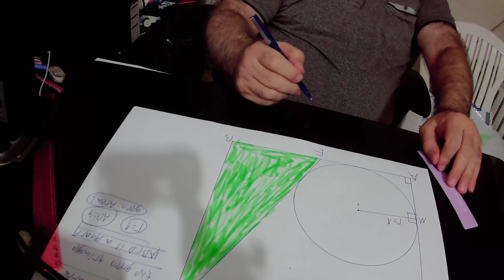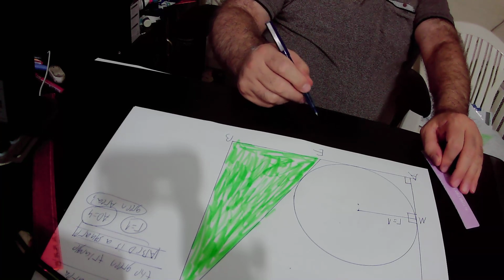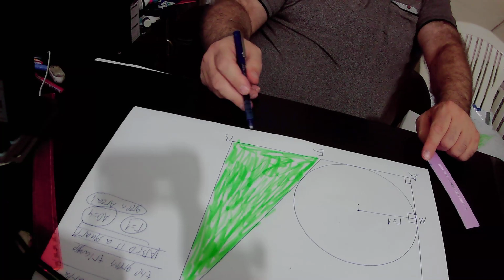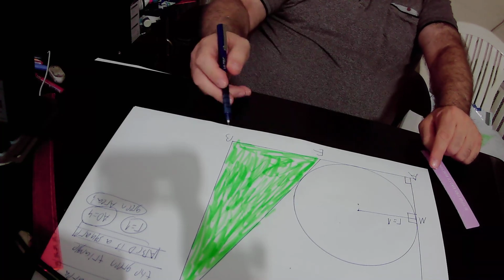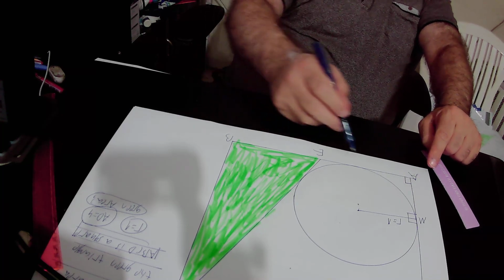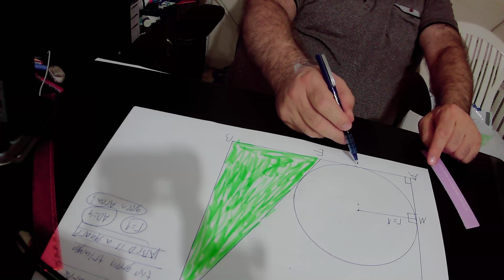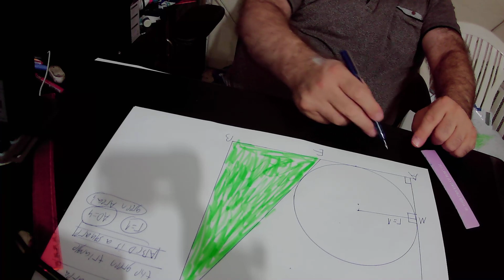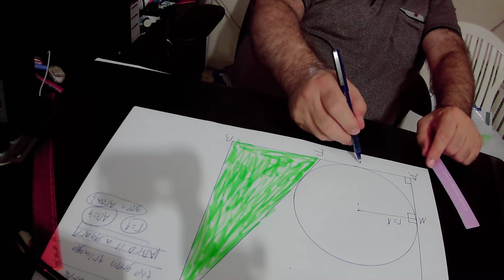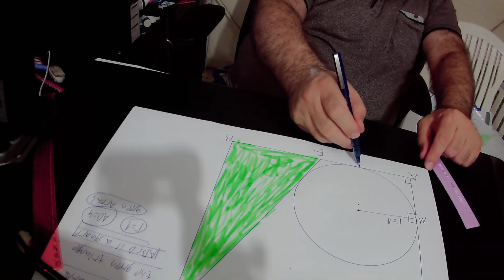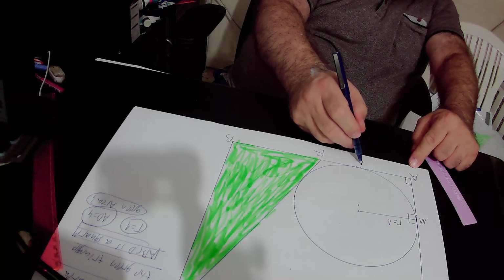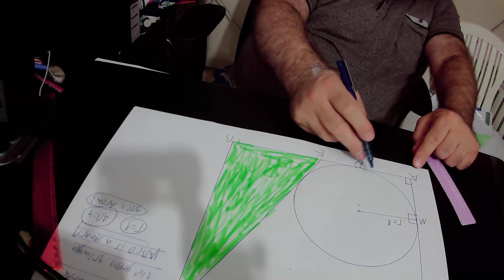And here AB, or AE, is tangent to this circle at this point. We will define the point of tangency of tangent AB with this circle as point N. So this point is point N, the point of tangency of tangent AB with this circle.